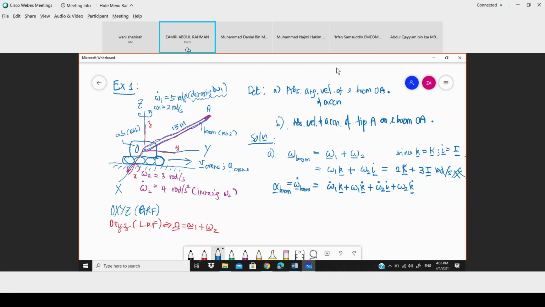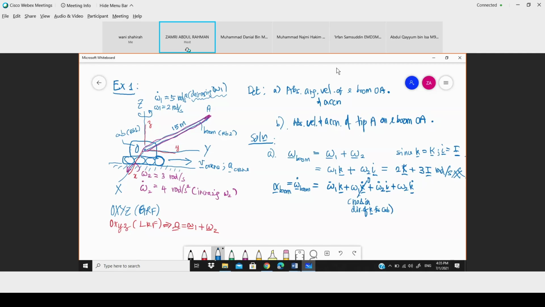So for this part, K dot will be equal to 0. No change in direction of k for the cap.